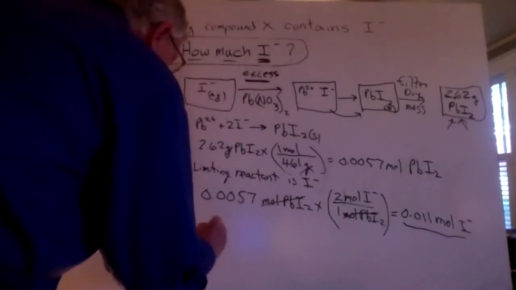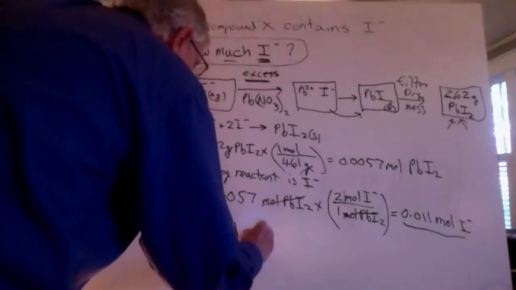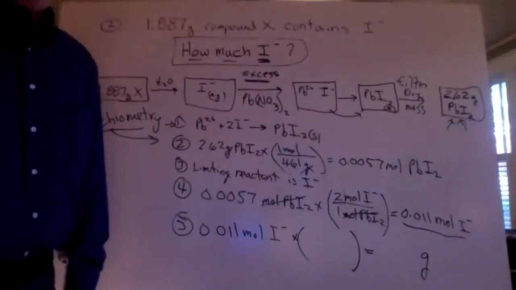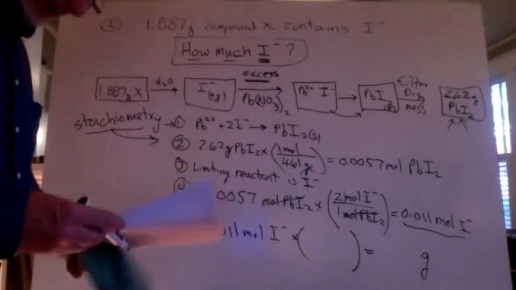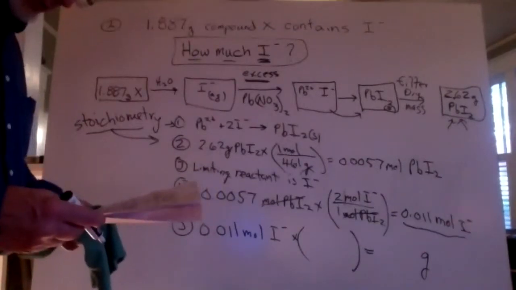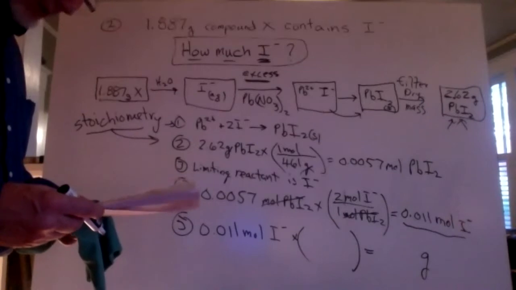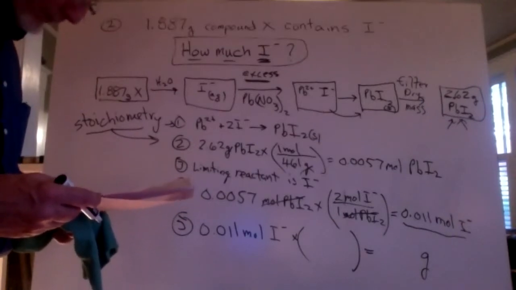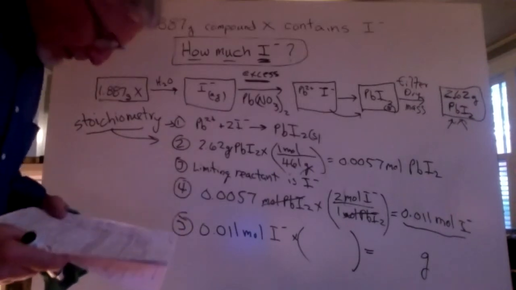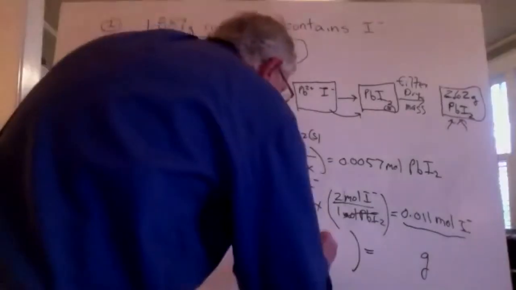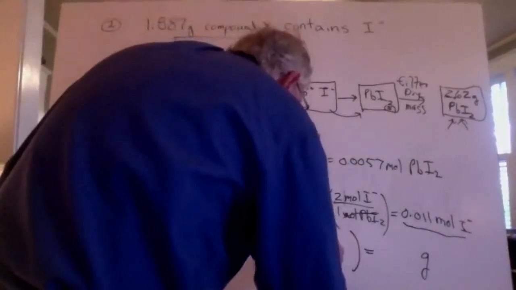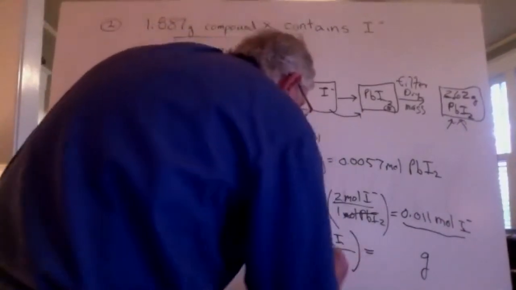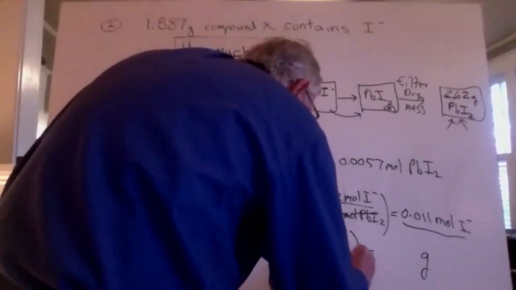We take our 0.011 moles of iodide ion, and we multiply it by something to convert it into grams of iodide ion. That something is simply the molar mass of iodine, which is 127 grams of iodine for every mole of iodine or iodide ion.